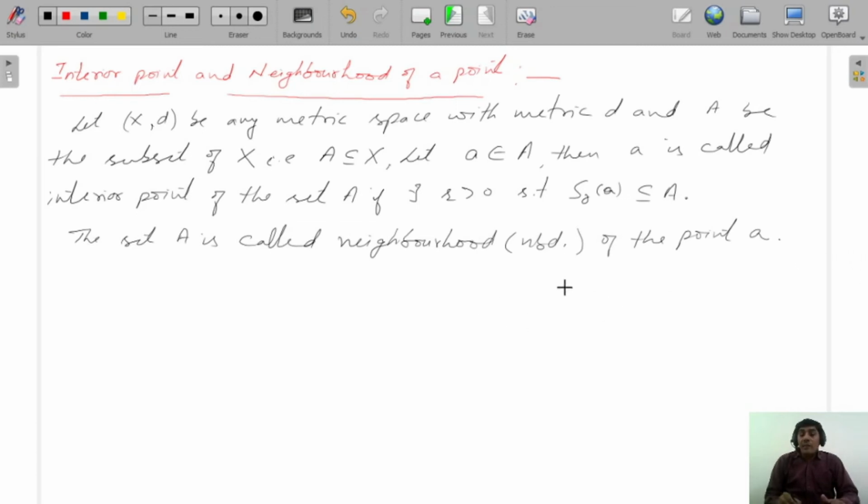Graphically we see the rectangular part represents the metric space.